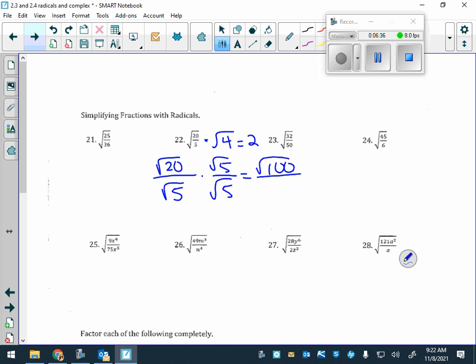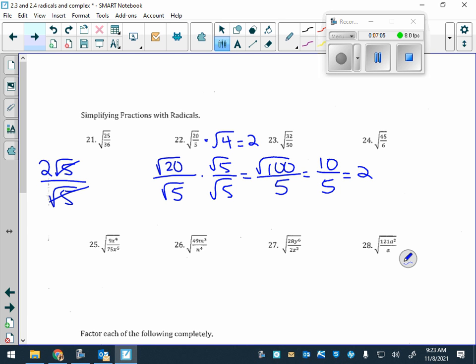Root 5 times root 5 is 5. What's the square root of 100? 10 divided by 5? To root 5 over root 5. That radical is over root 5. Cancel out. Yeah, Devin.